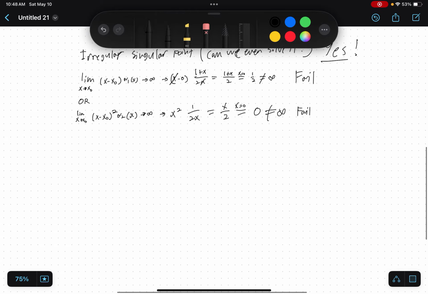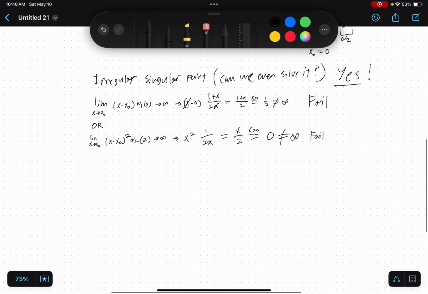Cool. So now we see if we can solve it using a singular point method.